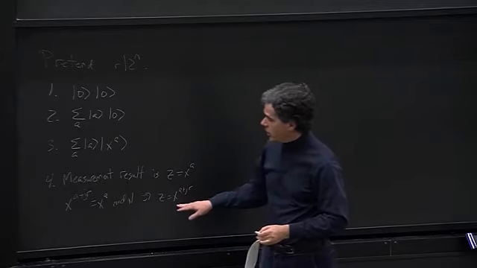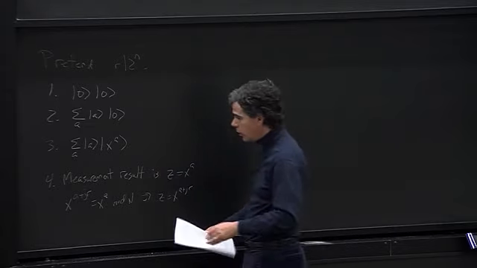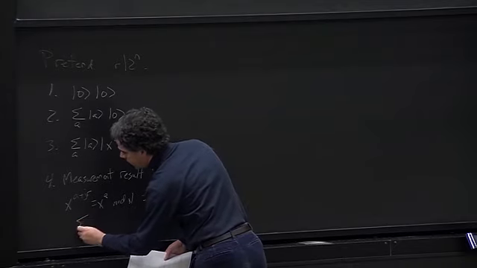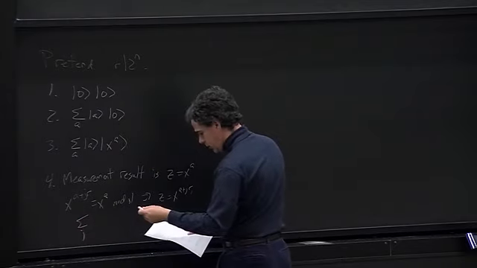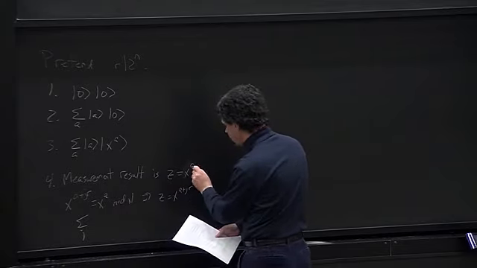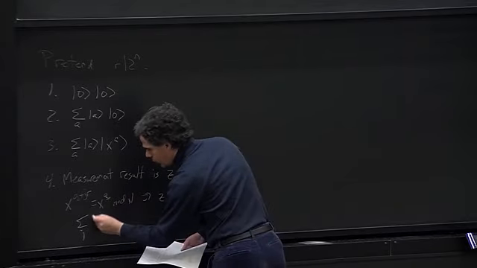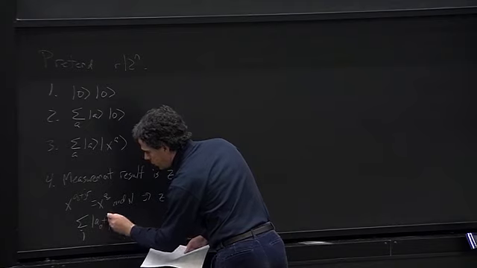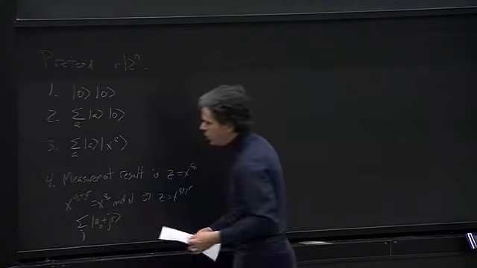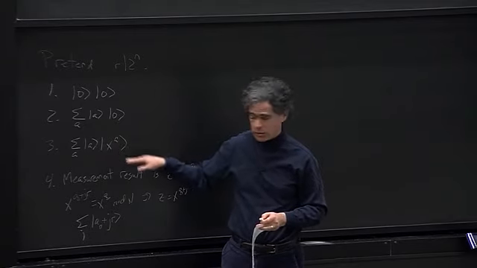And so conditioned on this outcome, the state is this: sum over j of, let this be x to the a0, and so this is a0 plus jr. We have all possible a's that are consistent with this z that we found here.